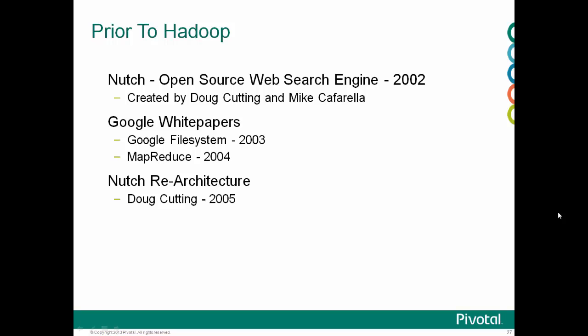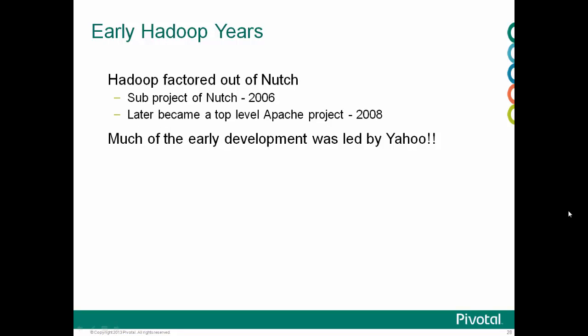In 2005, Doug Cutting was tasked with re-architecting the Nutch project. Out of the Nutch project in 2006, Hadoop was factored out as a sub-project. Later, Hadoop became a top-level Apache project around 2008. A very, very large amount of the early development of Hadoop was led by Yahoo.